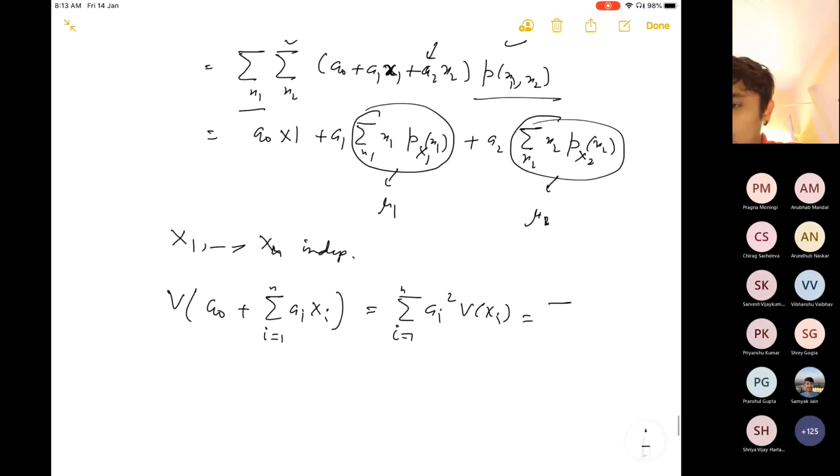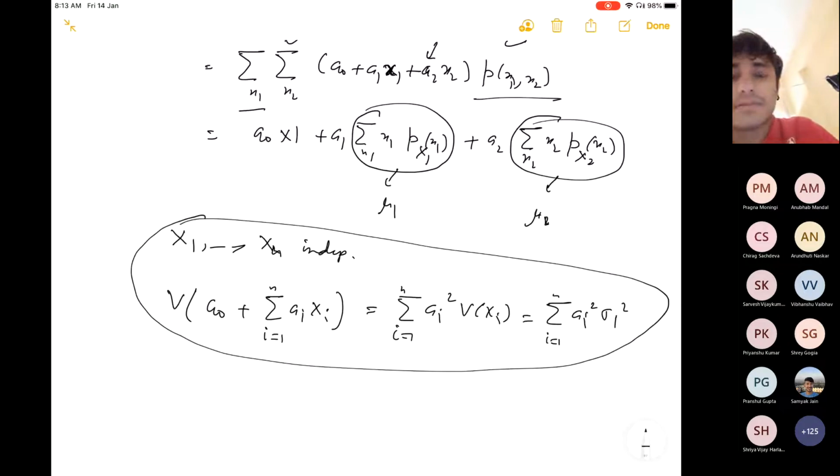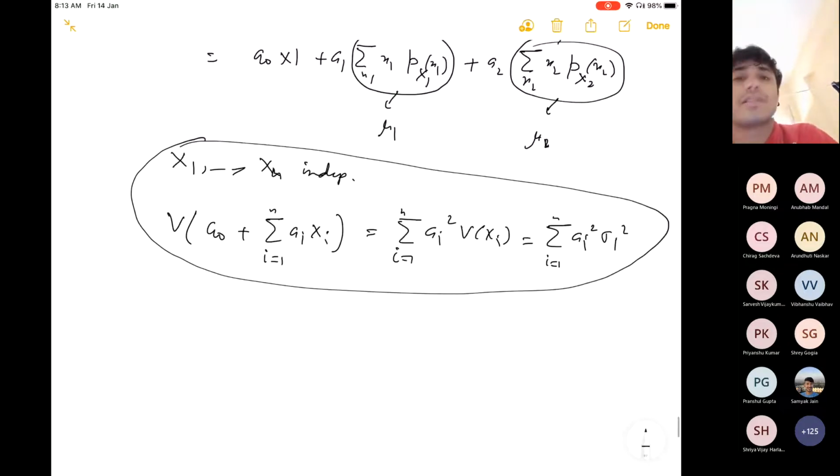That means this will be summation ai square sigma i square, i from 1 to n. So what will happen in general, if they may not be independent?